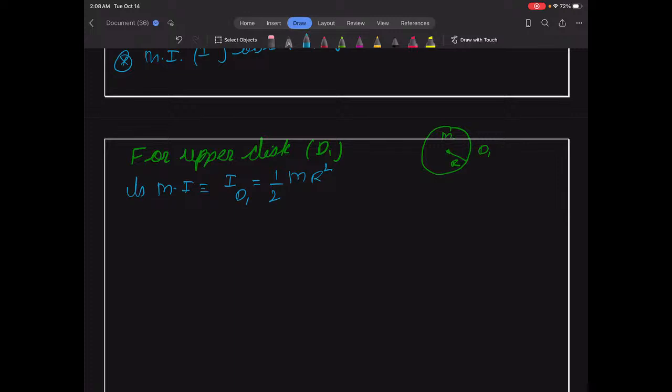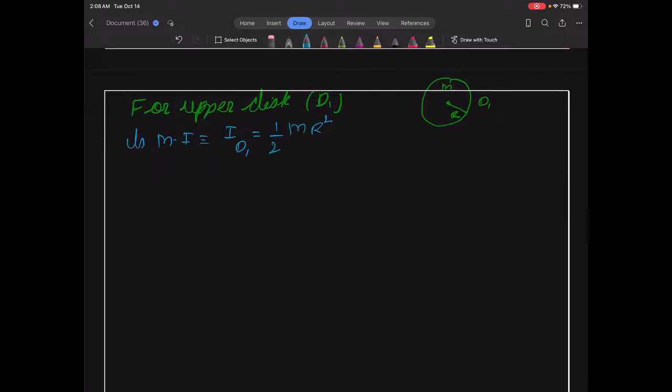And for the lower disc, this is our pivot point P, and the lower disc is somewhere here.